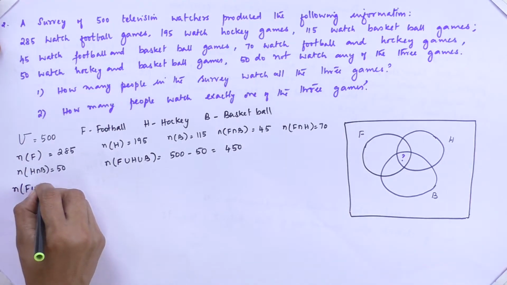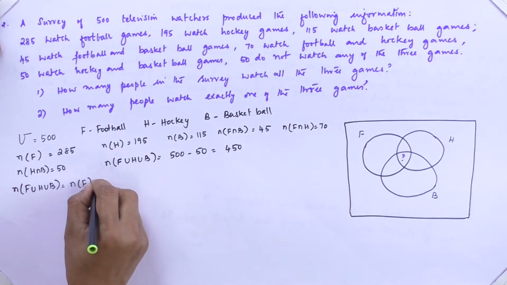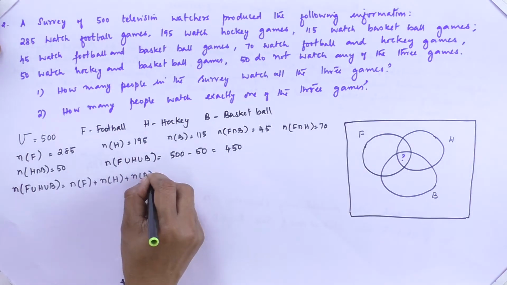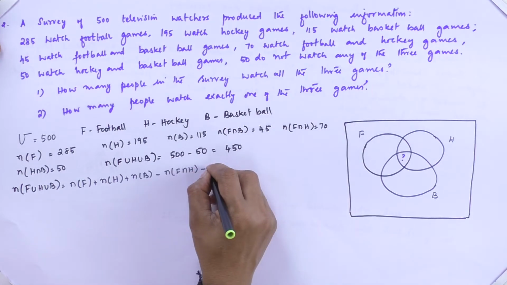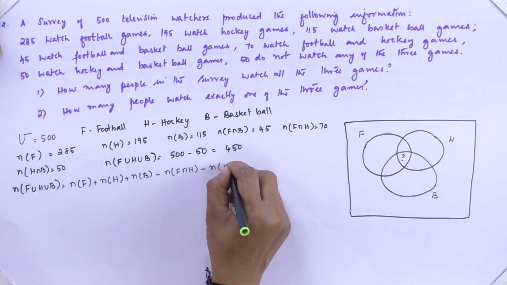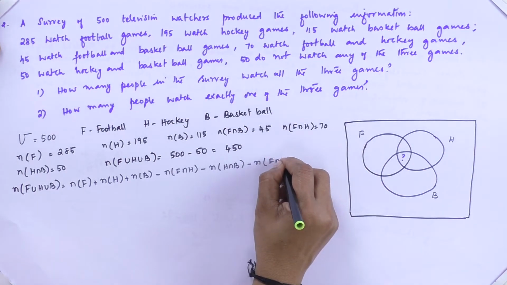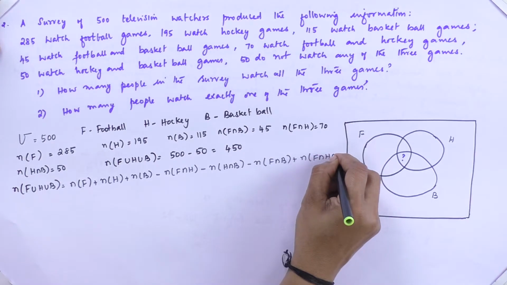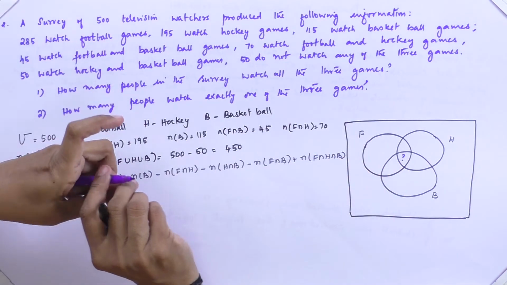N of F union H union B is equal to N of F plus N of H plus N of B minus N of F intersection H minus N of H intersection B minus N of F intersection B plus N of F intersection H intersection B. Now we are supposed to find the intersection of the 3.